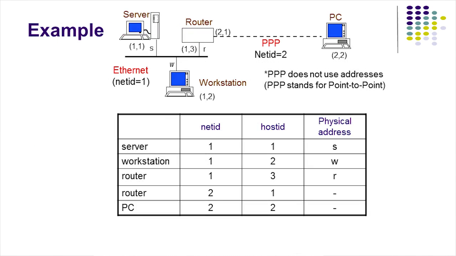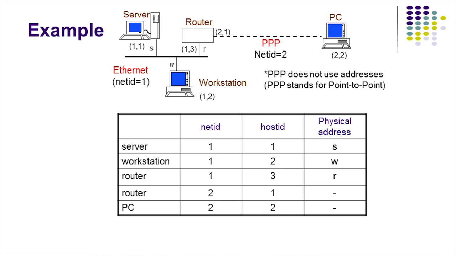Let's consider a routing example as shown in the figure. We assume the Ethernet has network ID 1 and the point-to-point link has net ID 2. In the Ethernet, we suppose the server has IP address 1,1, and the workstation has IP address 1,2. The router has IP address 1,3.